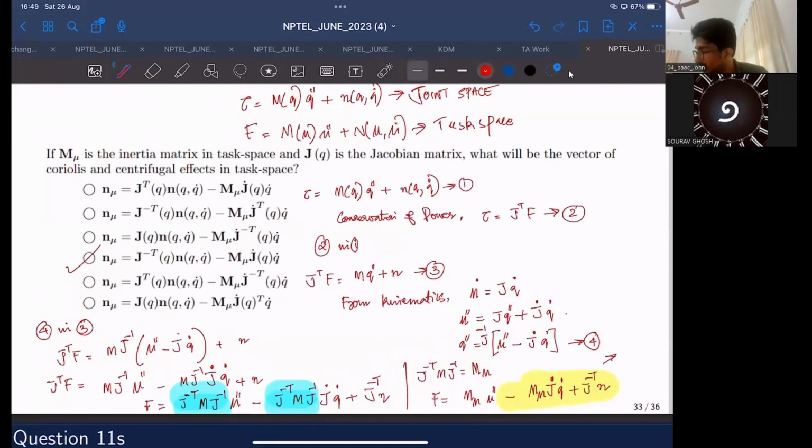This term would be your N mu. So that is how you derive the expression for this equation.